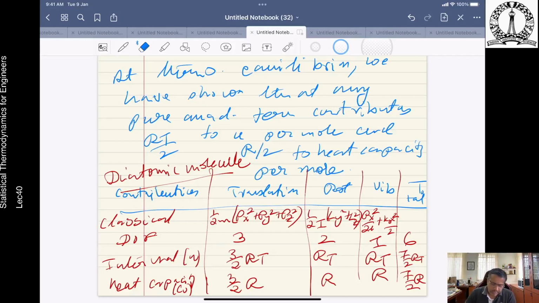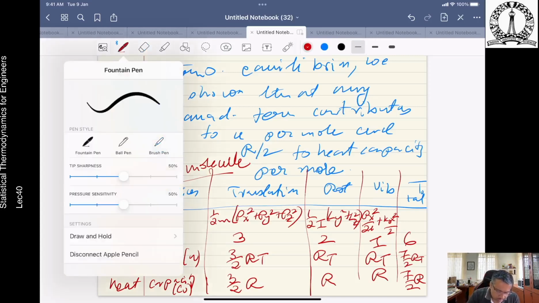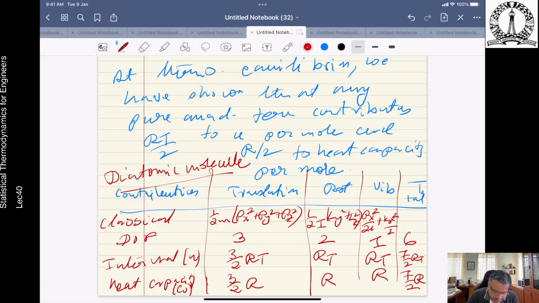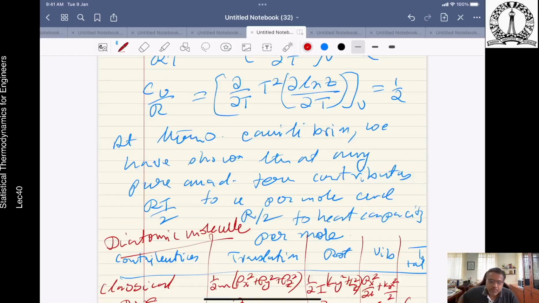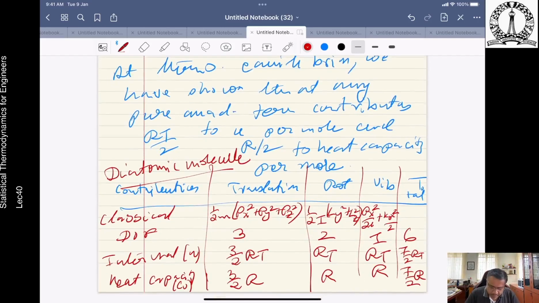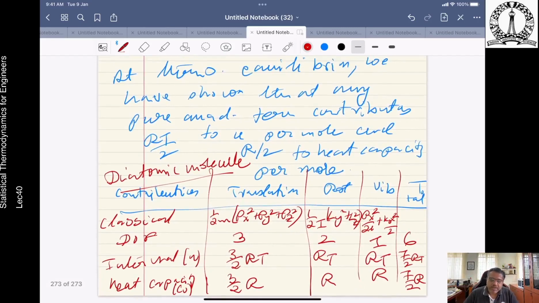If you look at it here, we already saw that for a diatomic molecule, what are the different contributions? What are the classical contributions of the translational, rotational, and vibrational modes?